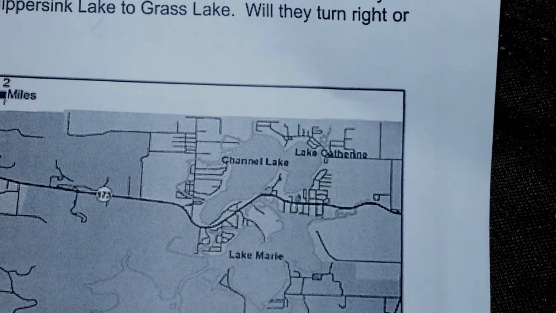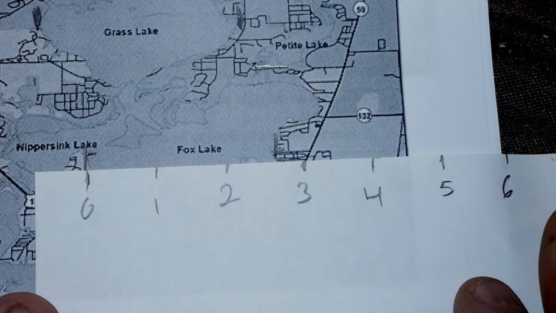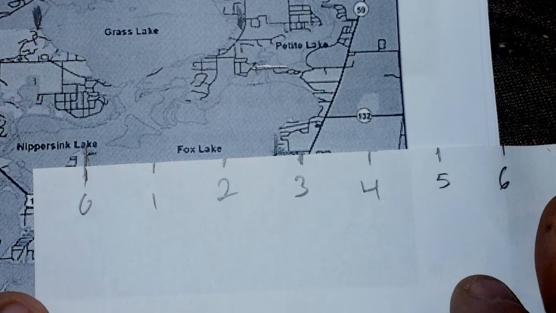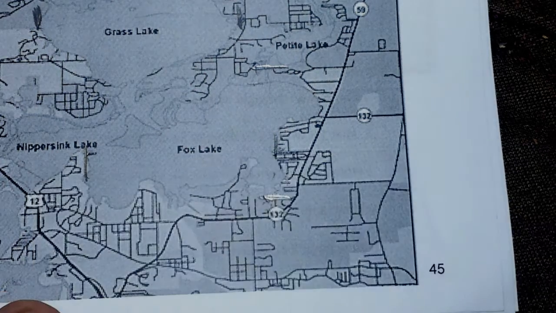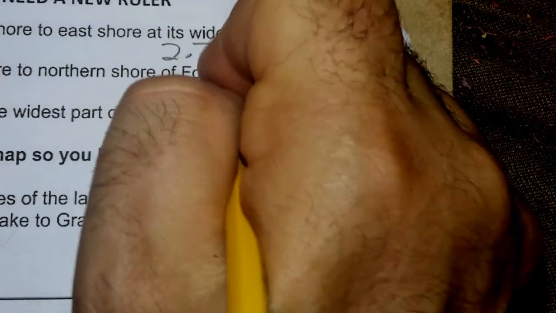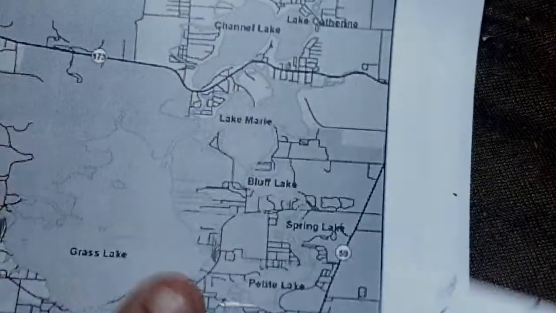Okay, so Fox Lake from east to west. I've made my marks there, so it's a little bit more than 2.5. I'm going to say 2.7 miles. 2.7 miles for number 7. Number 8, how far is it from the south to the north of Fox Lake?